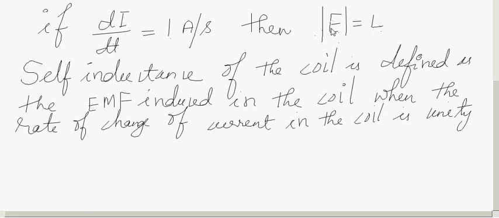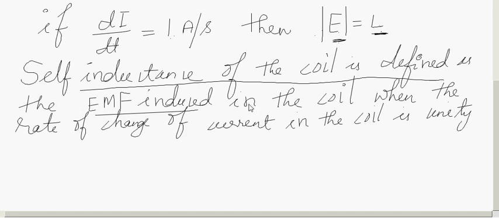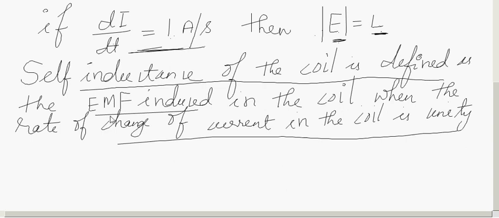L equal to induced EMF when di by dt is 1 ampere per second. That is what I have written here. The self-inductance of the coil is defined as the EMF induced. So L equal to E, the EMF induced in the coil when the rate of change of current in the coil is unity. When di by dt is unity, L becomes equal to E.